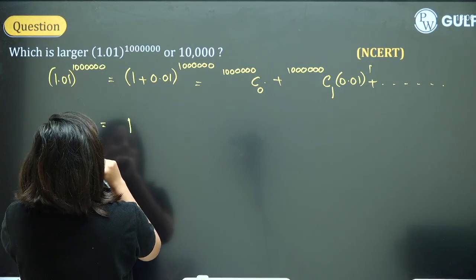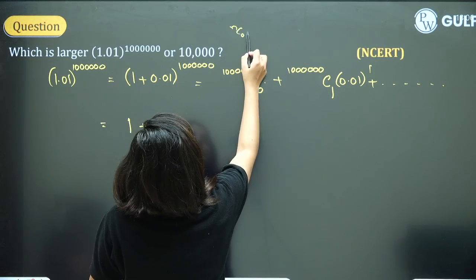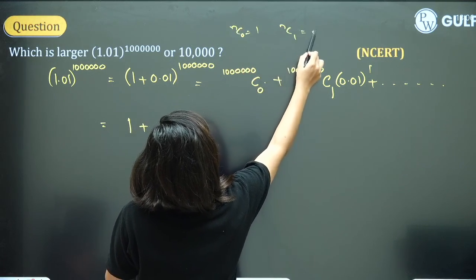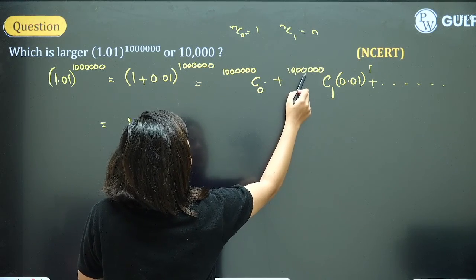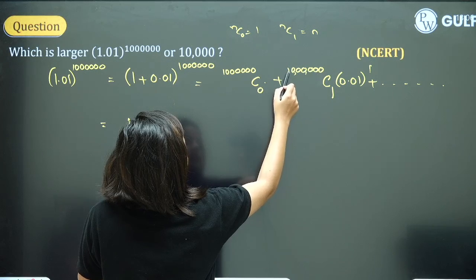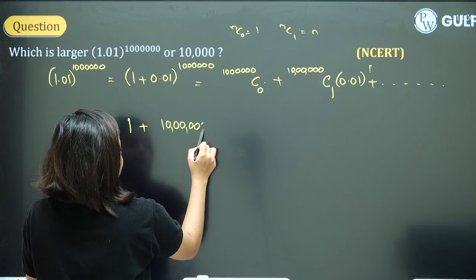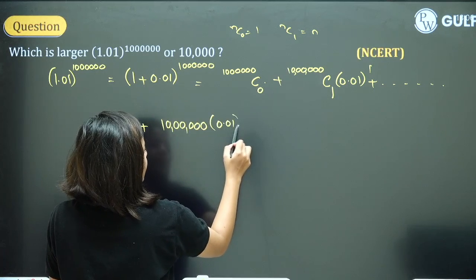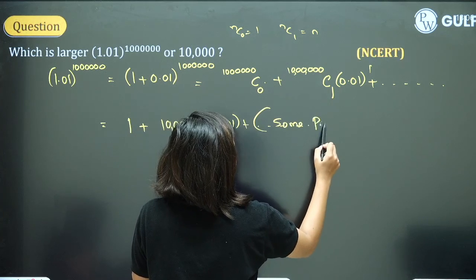It is 1. And NC1 is n. So this is 10 lakh C1. It will be 10 lakh into 0.01 plus some positive terms.